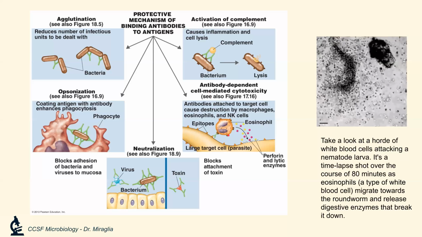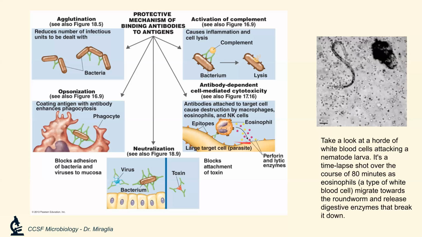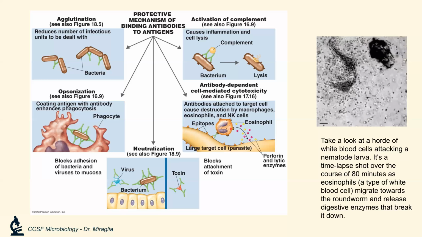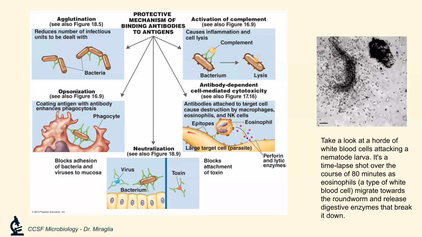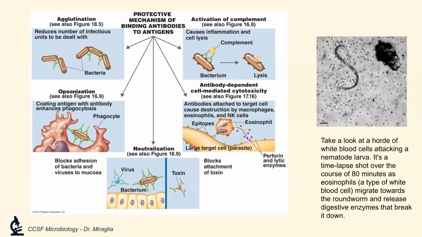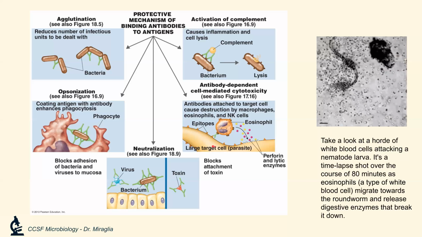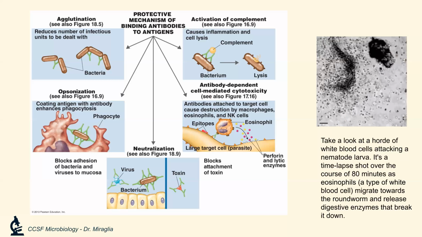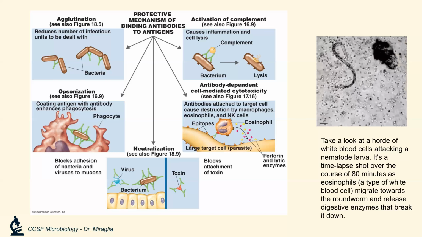In this particular case, antibodies are binding to parasites. So this is really large. Look how big this parasite is compared to your cells. This is a really big problem for your immune system. These large parasites that are bigger than your immune cells, they can't just phagocytize it. The parasite's much bigger than the cell. So when the antibodies bind to the surface of these parasites, eosinophils can then bind to this.